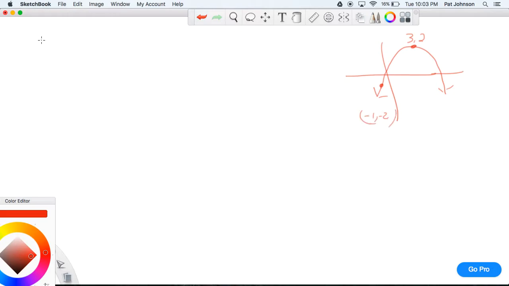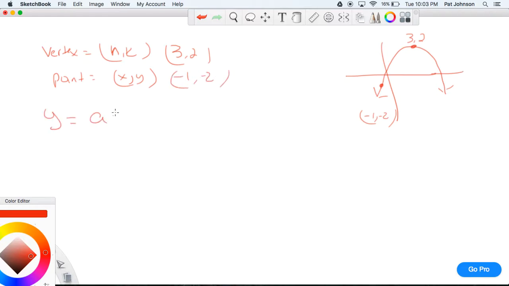So we said we need a vertex, h, k, and we have 3, 2. We need a point, some x, y. We have -1, -2. Let's start with our equation in vertex form: y equals a times x minus h squared plus k.